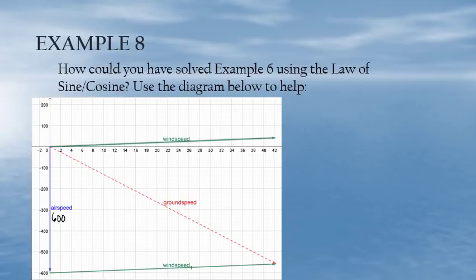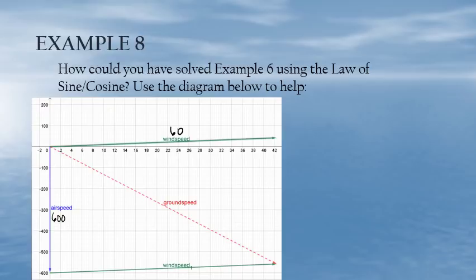The second piece of information in that problem was about the jet stream, or in other words, the wind speed. We were told that the jet stream is 60 miles per hour in the northeasterly direction, and we were to assume that meant a 45-degree angle. So the wind speed vector in green at the top has a length of 60.